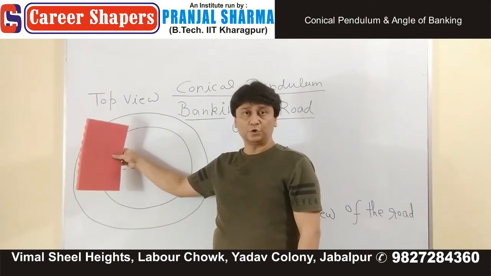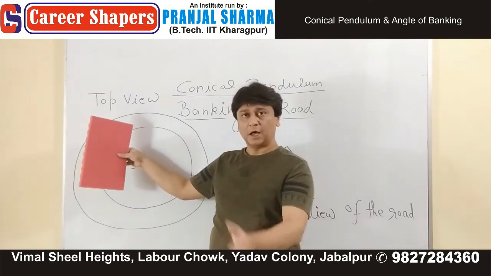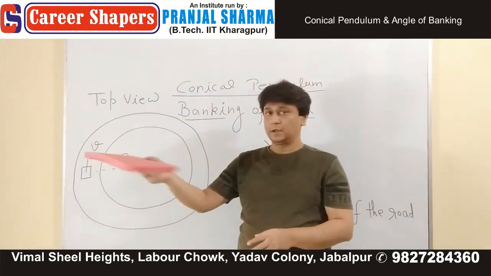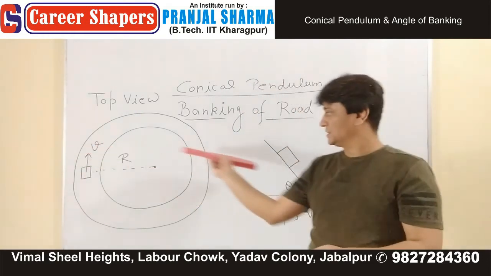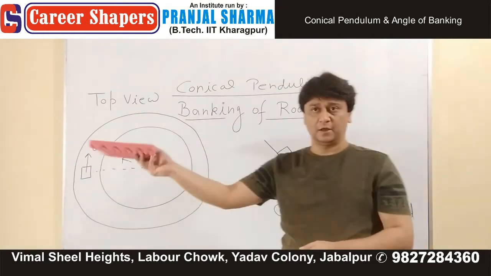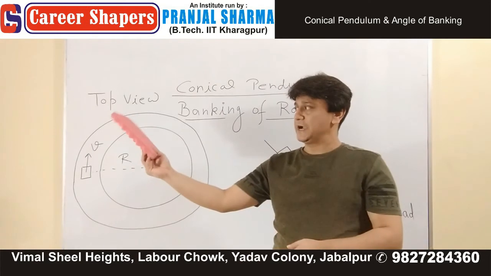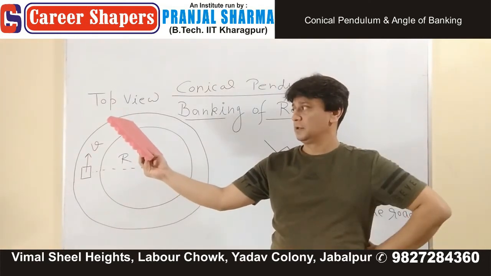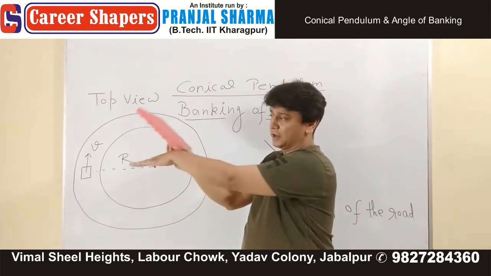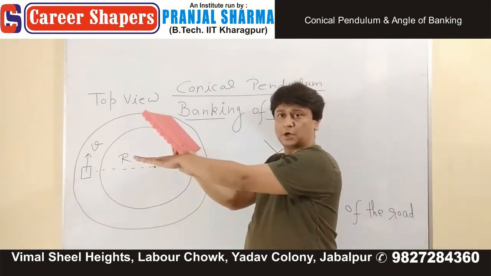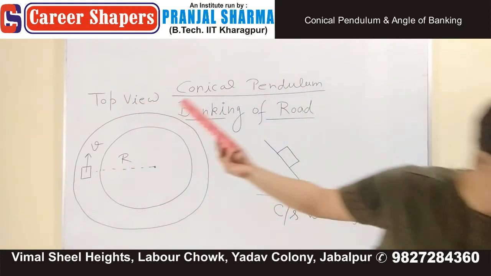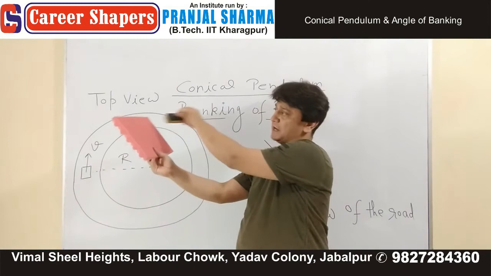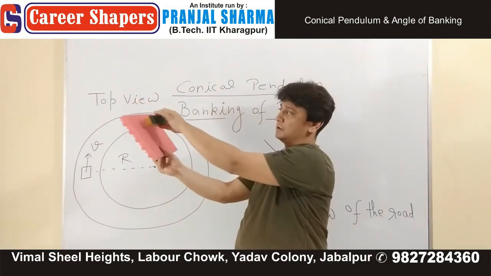Once you lift the outer edge, if you are standing inside the stadium, then the track will not look like this. Instead it will be like this. This angle which the road makes with the horizontal is theta, and on this road your car is making a circular turn.